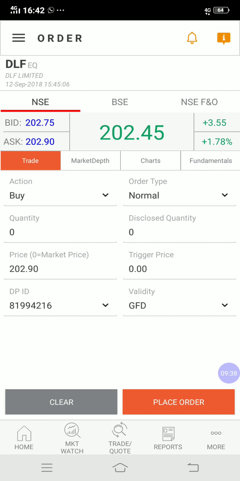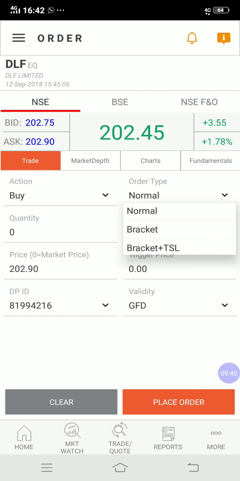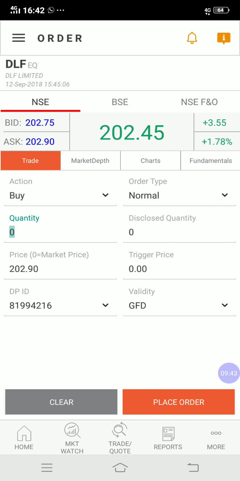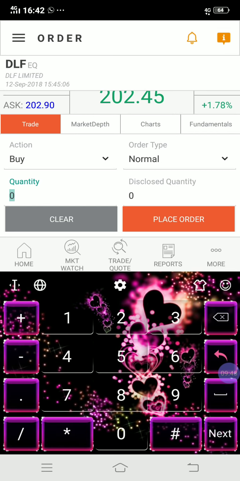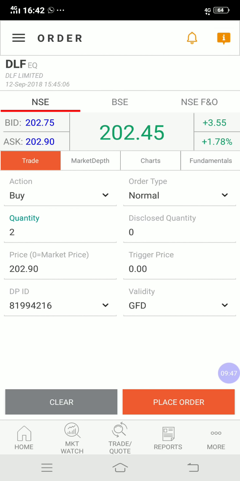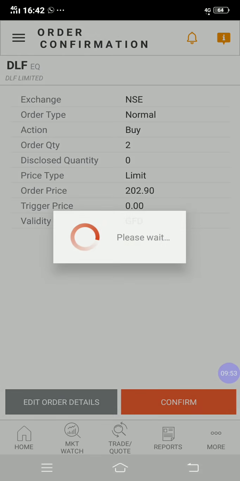So now here, buy, normal, quantity, for example 2. If I'm buying, then I just see that it should be in GFD itself. Place order, confirm.